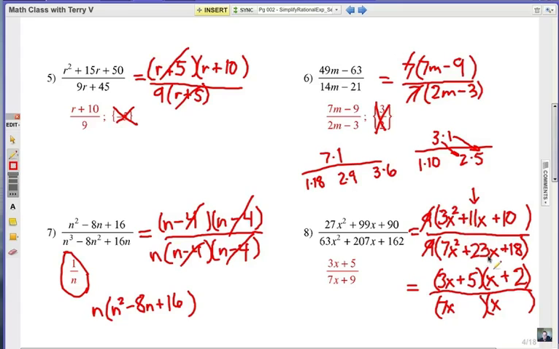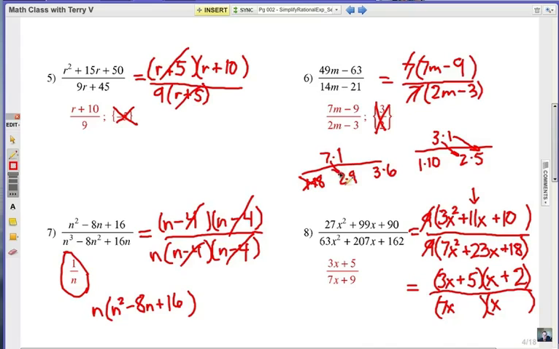We need to get a middle term of 23. So 7 times 1 is 7, and 1 times 18 is 18. 7 plus 18 is 25. Not going to work. 7 times 2 is 14. 14 plus 9 is 23.